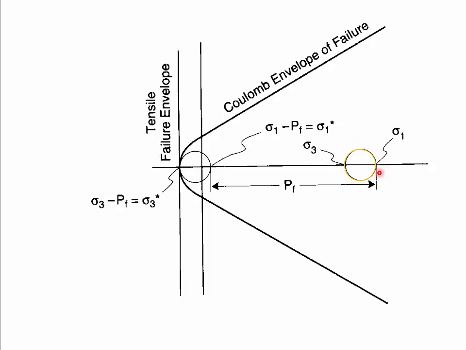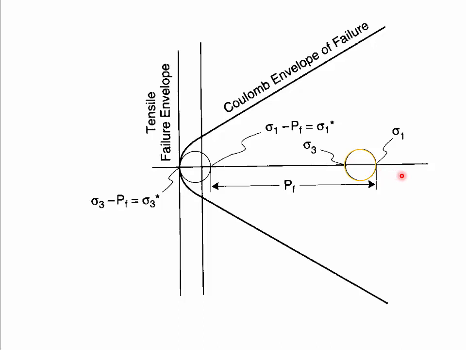This rock would be perfectly stable because it is far away from any of our failure envelopes. Even if we would plot our envelope of sliding friction into this diagram at a slope angle of 40 degrees, this Mohr circle would be far away from that, and therefore this is a stable stress condition.